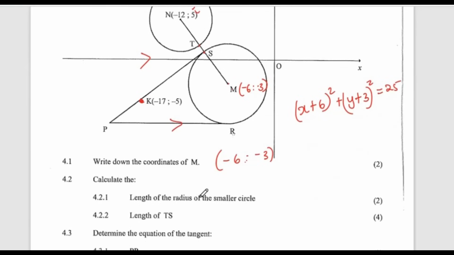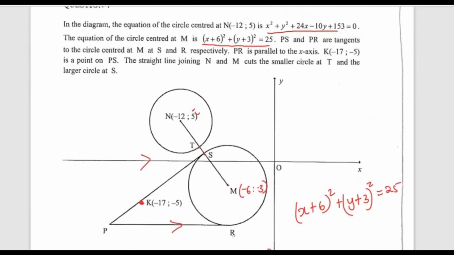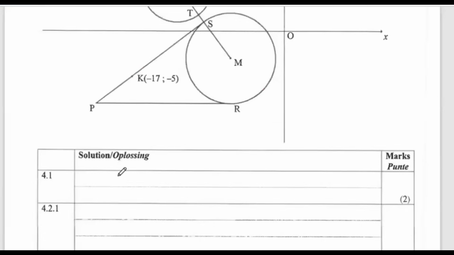Then they want us to get the length of the radius of the smaller circle. Now, from the equation, we have negative 6 and negative 3.